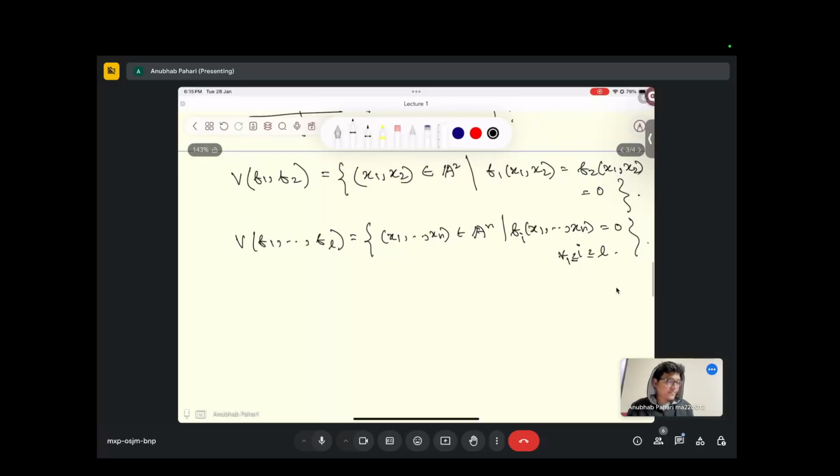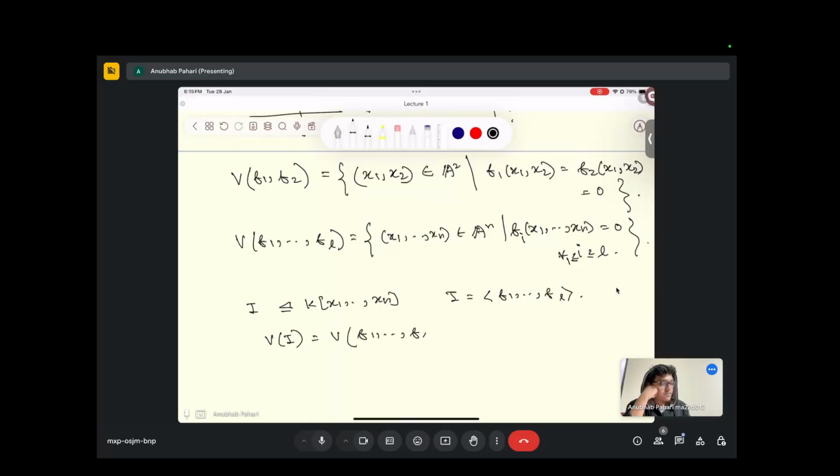So if you take any ideal I, with standard notation, from k[x1, ..., xn], then V of I, and we know that I can be generated by finitely many polynomials f1 up to fL, then this is the same as V(f1, ..., fL).